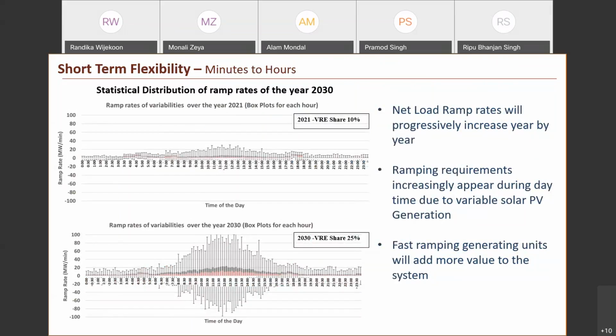This graph shows the statistical distribution of ramp rates that we could expect in a given year. We can see by 2030, the daytime, because of the solar PV generation, there is much more variability or ramping requirement. So therefore, fast ramping generating units will add more value to the system. That is something that we are very much concerned about.